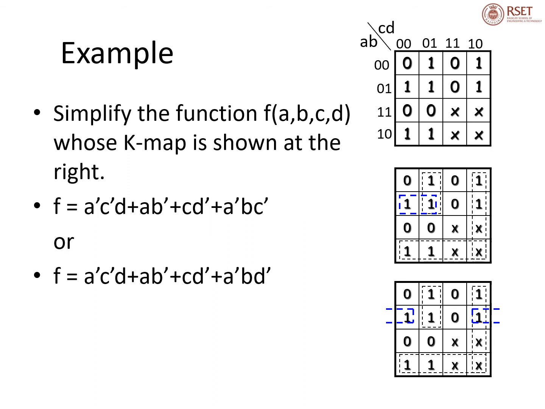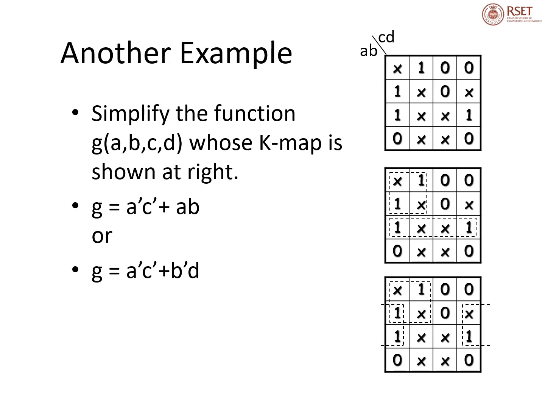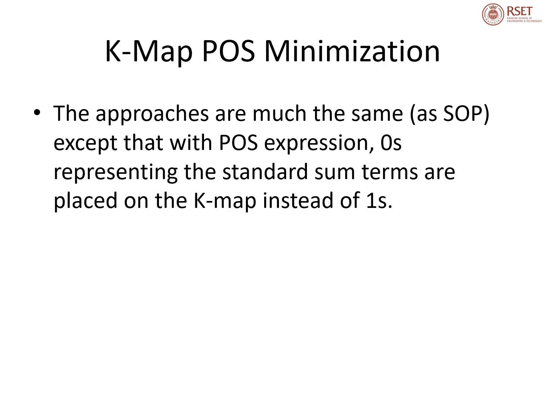Now consider another example, G(A, B, C, D). You have two types of grouping resulting in two expressions for the output G. G = A' C' + A B and G = A' C' + B' B.